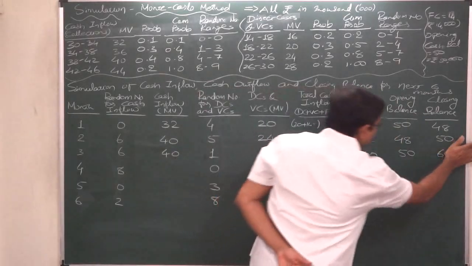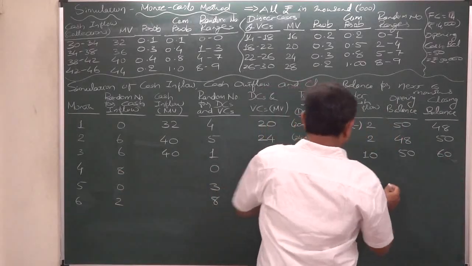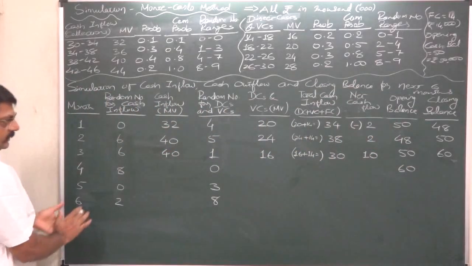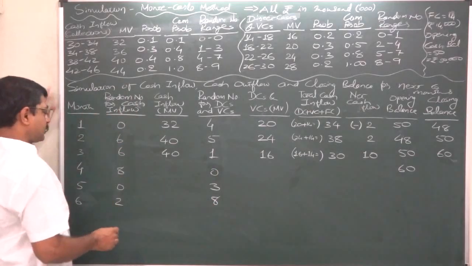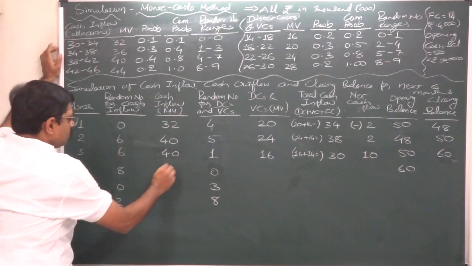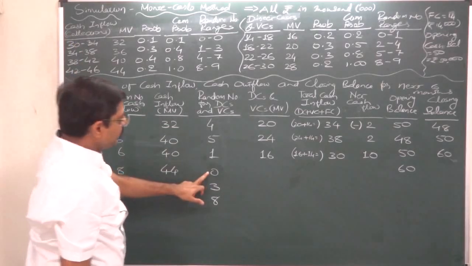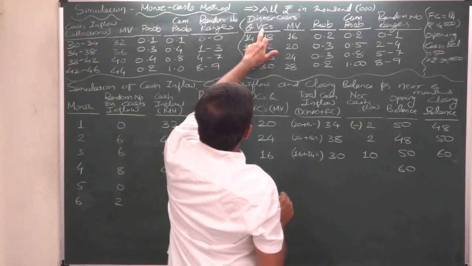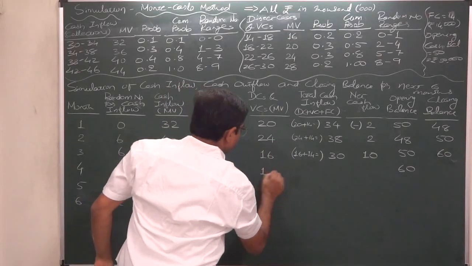Now this closing balance of 60,000 will become the opening balance of the fourth month. For the fourth month, random number for cash inflow is 8. That falls in the range 8 to 9. So 44,000 will be the projected sales. 0 is the random number for direct and variable cost, that falls in 0 to 1, so it will be 16,000.